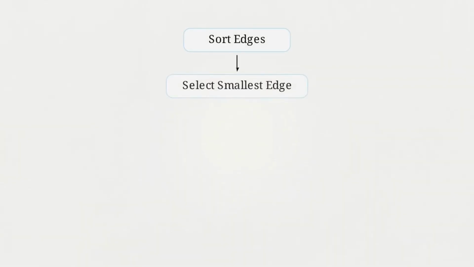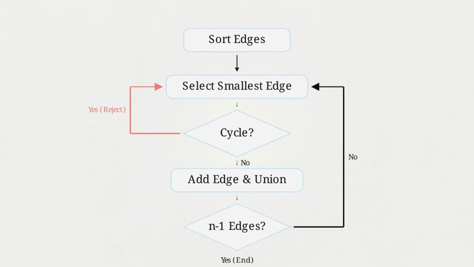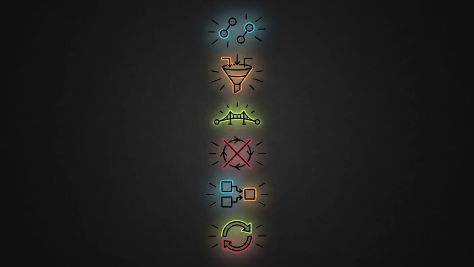Sort the edges, pick the smallest, check for cycles, reject if found, otherwise add the edge, merge sets, and check the target count. In pseudocode, this maps out exactly the same way, providing a template for code. To remember the sequence, you can use the mnemonic SSCUCR: edges, sort, smallest, cycle check, union, and repeat.